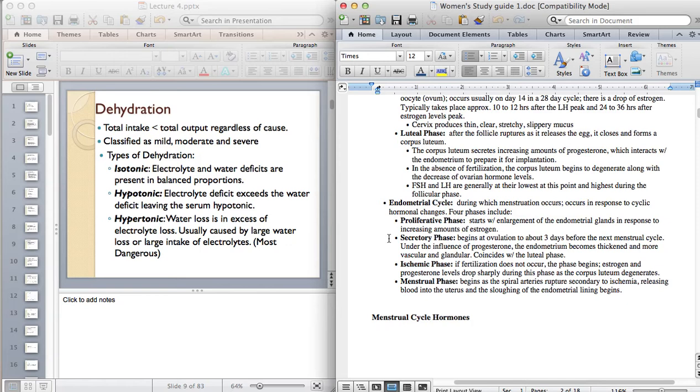So the first is isotonic dehydration, and that is when the fluid loss is equal to the electrolyte loss. Both of them are lost in equal proportion. And this is the most common one that you will see.